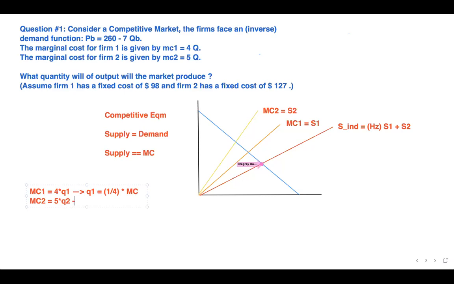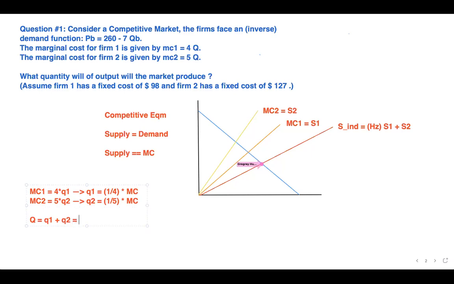So what should I write now, Miles? 1/5 MC. Yeah. So that's the inversion part. And then the adding part is, remember, my total output is going to be equal to the sum of what each of these two firms produce individually, right?